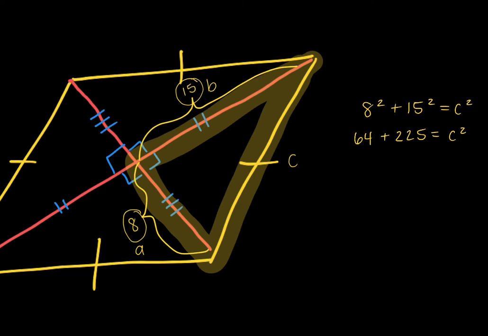These two added together give us 289 equals C squared. Take the square root of both sides. These cancel, and we get C equals the square root of 289, which is 17. So we found out that this is 17.